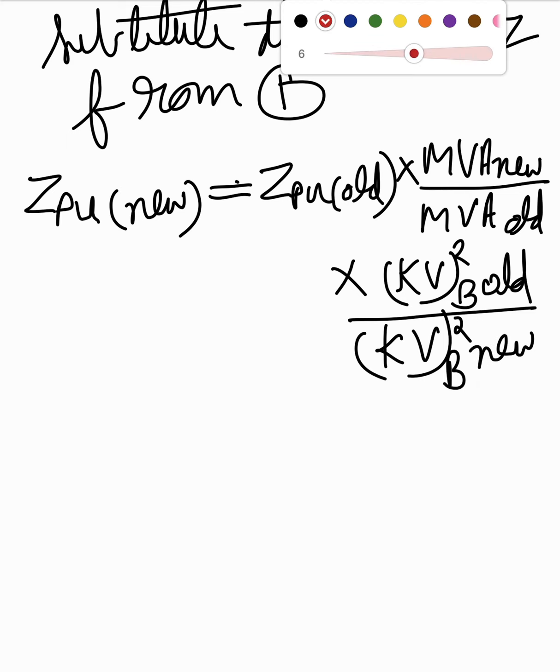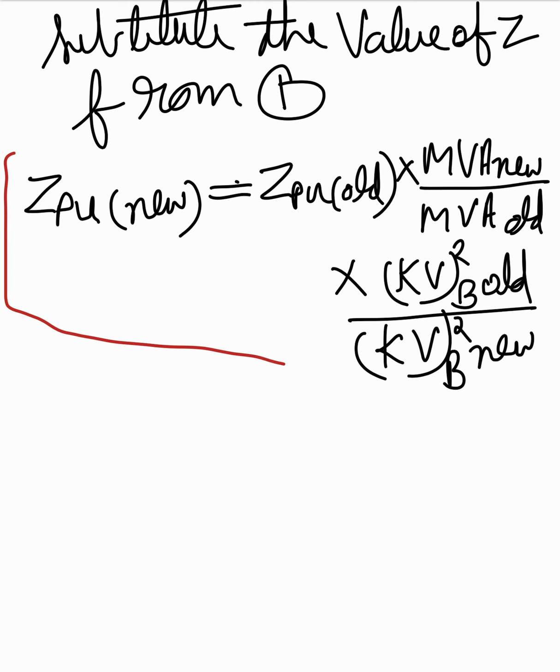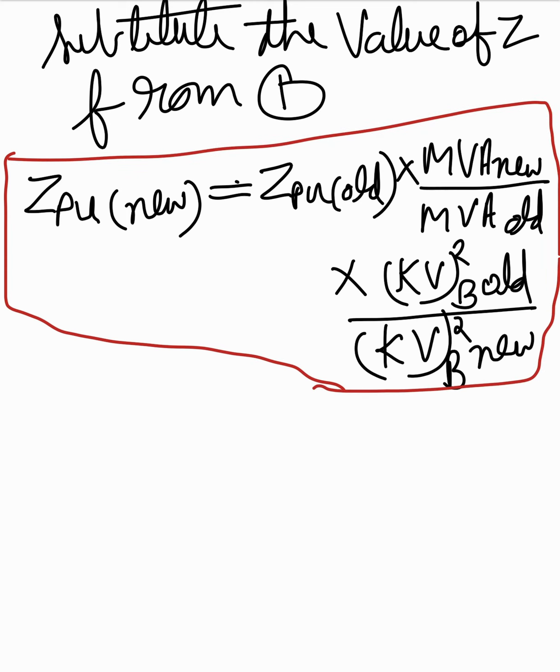So that is the very important formula for the calculation of Z per unit. What is that? Z per unit new is equal to Z per unit old into MVA new upon MVA old into kV base square old upon kV base square new. So that is the very important formula of the Z per unit.